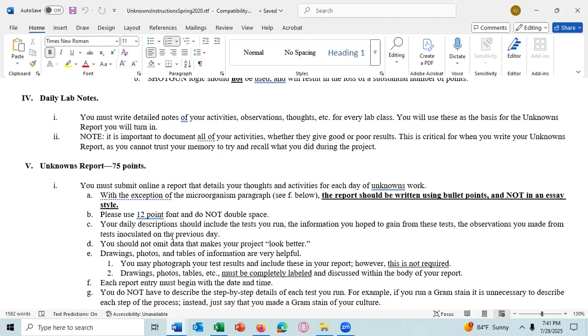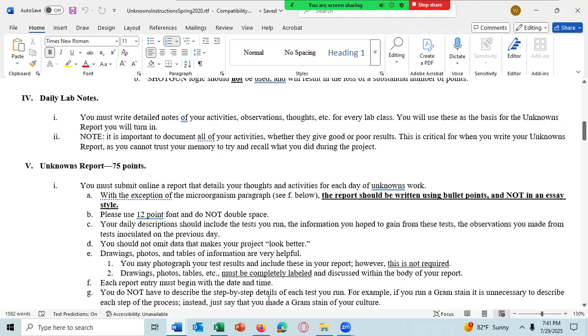If you get drawings, photos, or tables from the internet, remember you need to state where you got them from, so you have an in-text reference for where that page came from. Each report must begin with the date. We're doing this online, so you don't really need to put the time in.